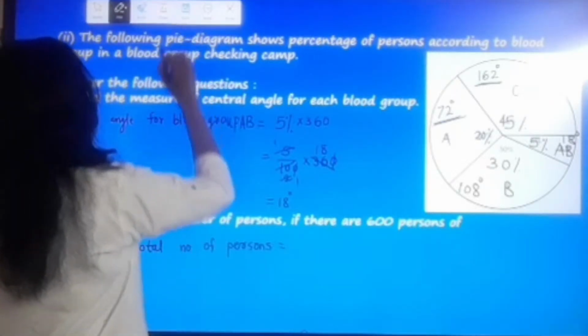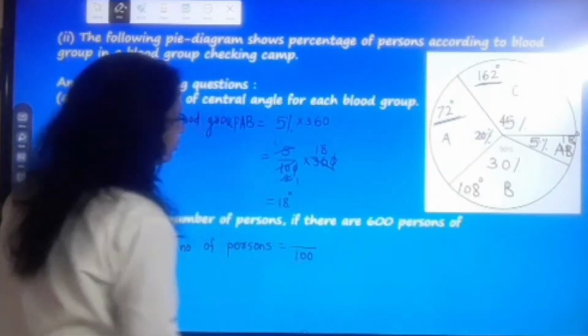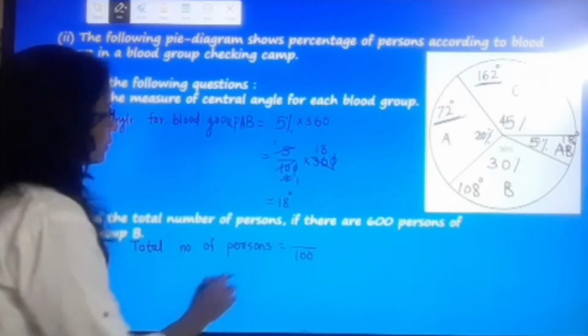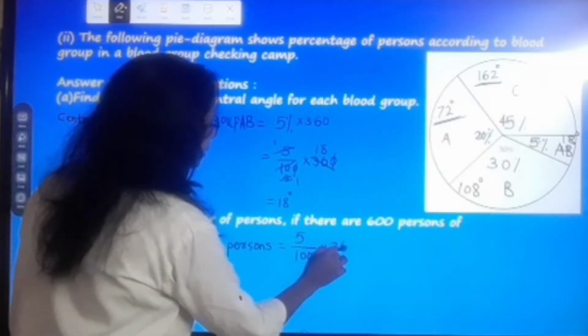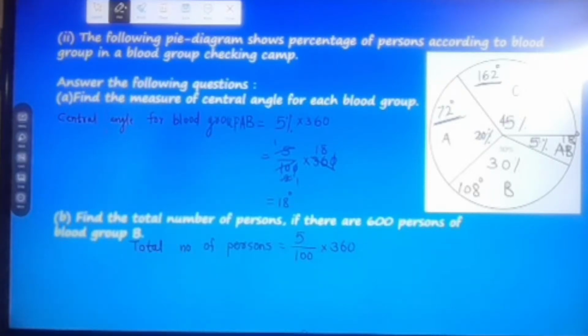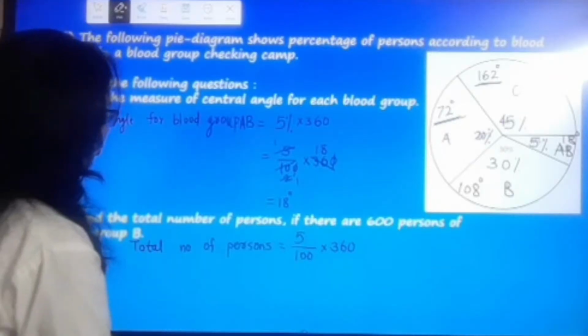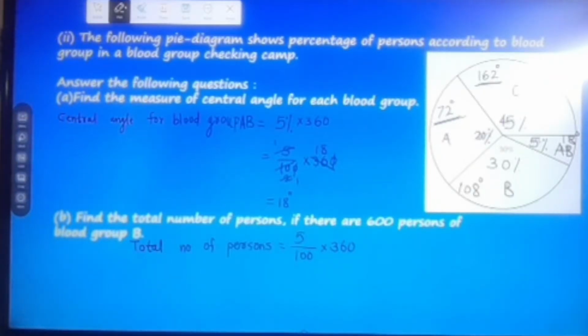So here I write down, as a formula, 5 upon 100 multiplied by 360, for the group B. Okay, for the group B. So now here, students, the total number of persons is equal to, okay students, we have to calculate 600 persons of blood group B. So here, students, there is a mistake.